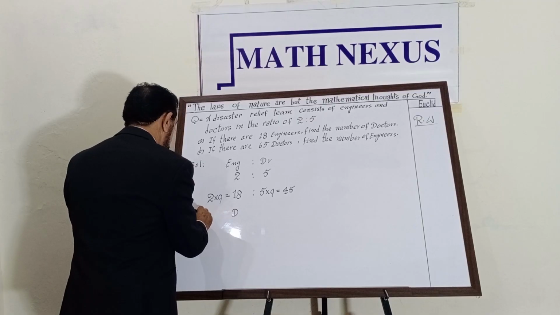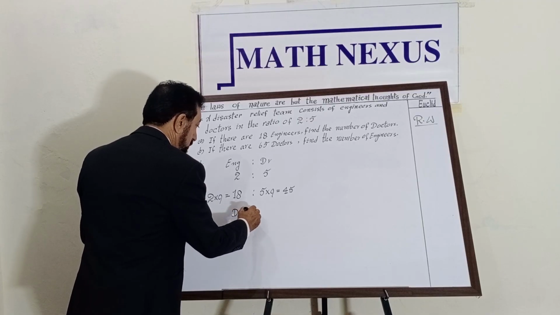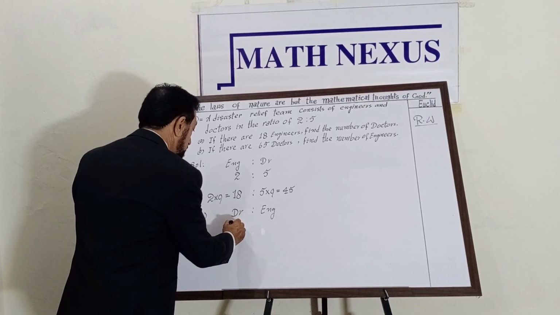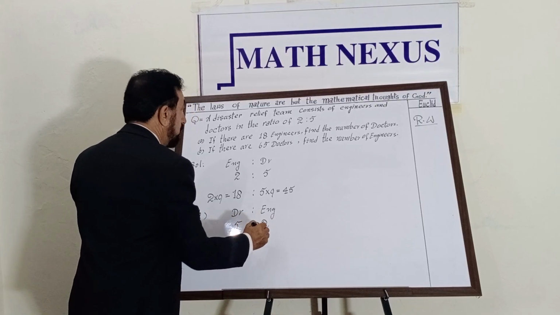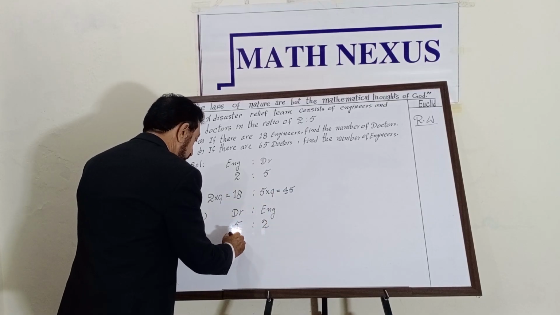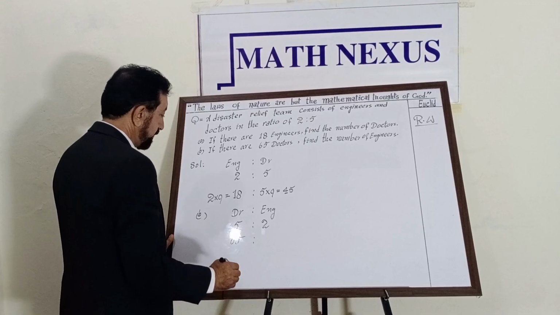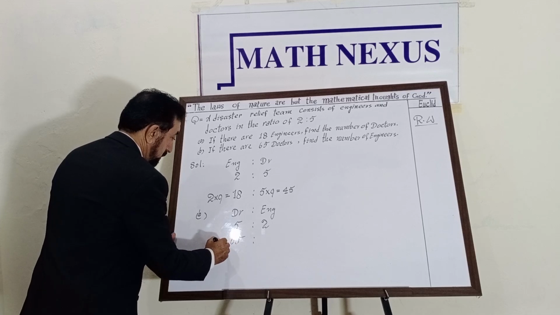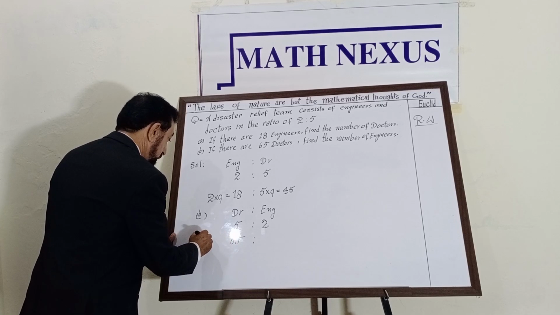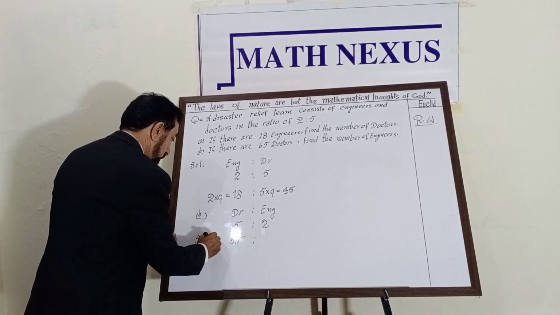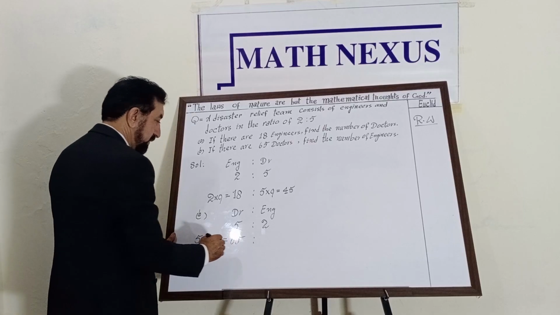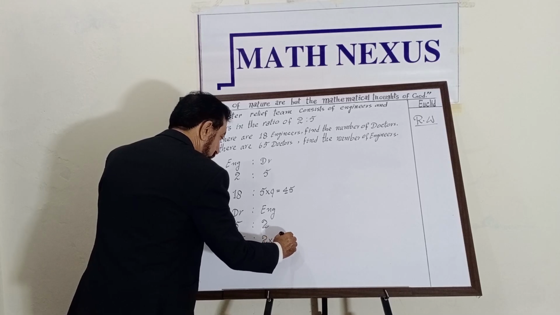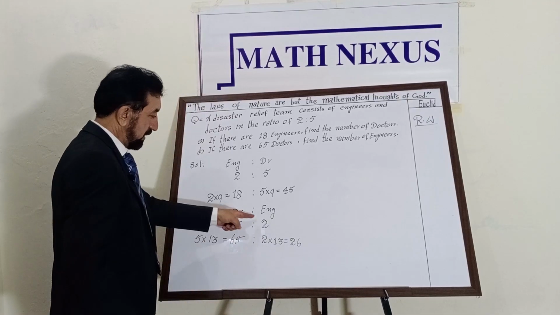Doctors ratio engineers is 5:2. 65 doctors and how many engineers? 5 into 13 is equal to 65 and 2 into 13 is equal to 26 engineers.